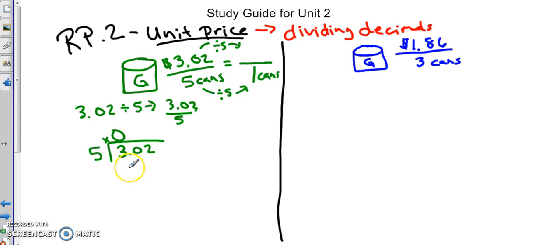So 5 times 0 is 0. I subtract. 3 minus 0 is 3. And every time I subtract, I bring down my next number, which is 30. One thing that I did forget was to make sure that you bring your decimal up to right here.